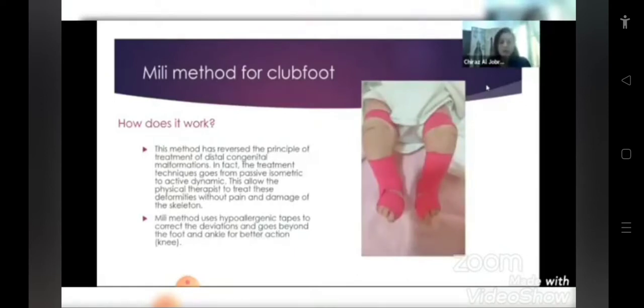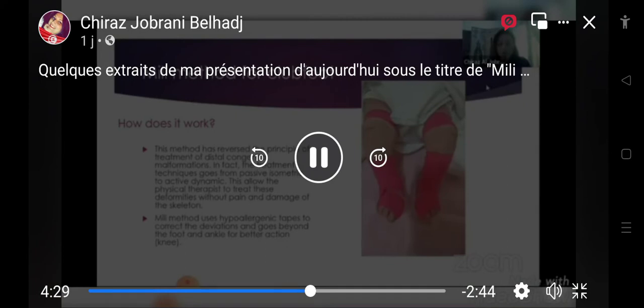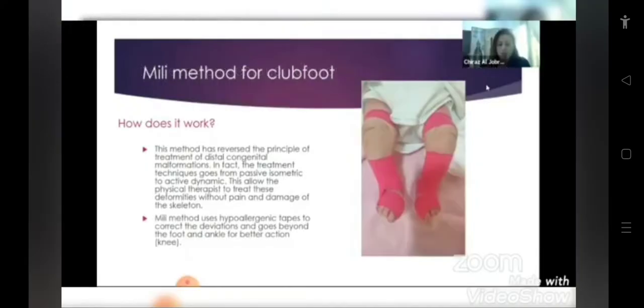This method has reversed the principle of treatment of distal congenital malformation. In fact, the treatment technique goes from passive isometric to active dynamic. This allows the physical therapist to treat this deformity without pain and damage to the foot skeleton, the bones.